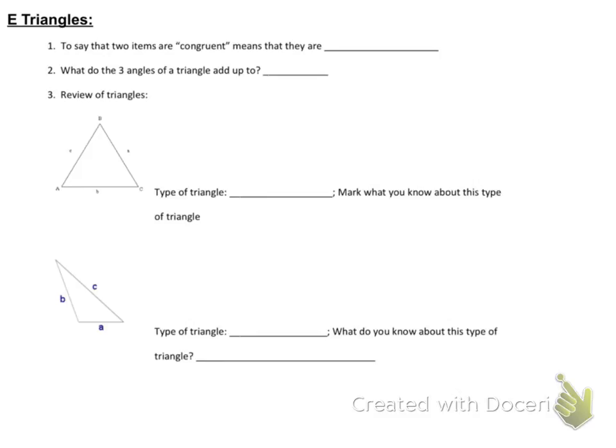We say that when two items are congruent, it basically means they are the same. Second, all the angles in a triangle add up to 180 degrees.